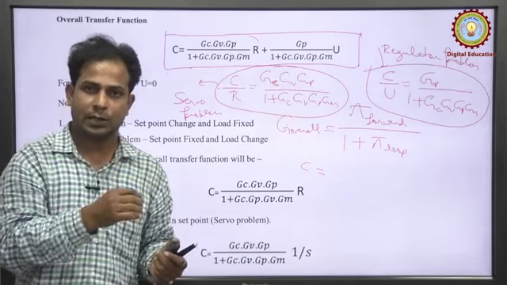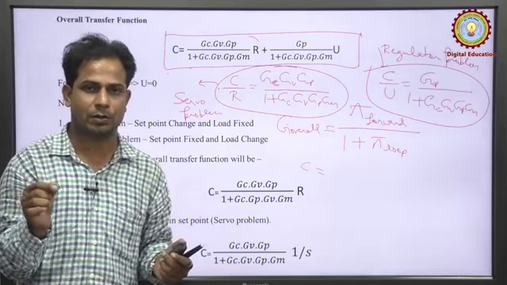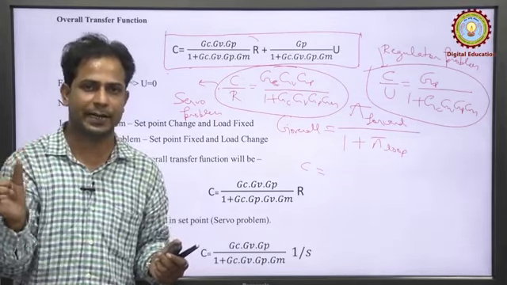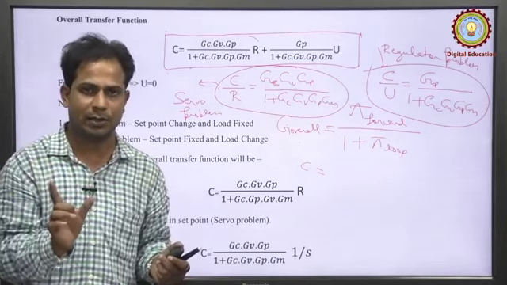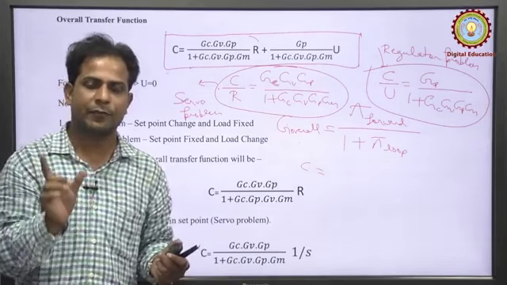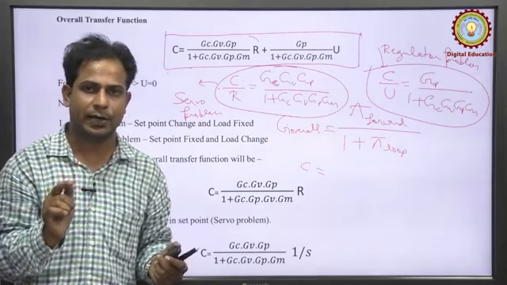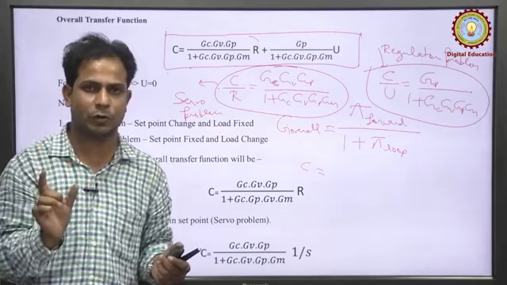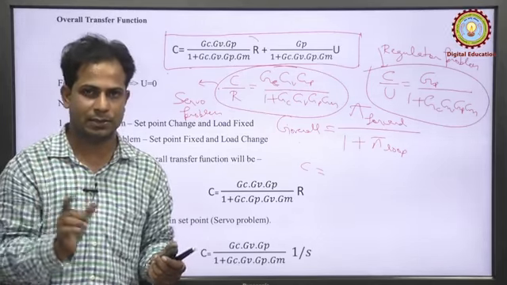If you give a stable or bounded input and you get a stable or bounded output, that means your system is stable. And if you give a bounded input and you do not get a bounded output, that means your system is unstable.